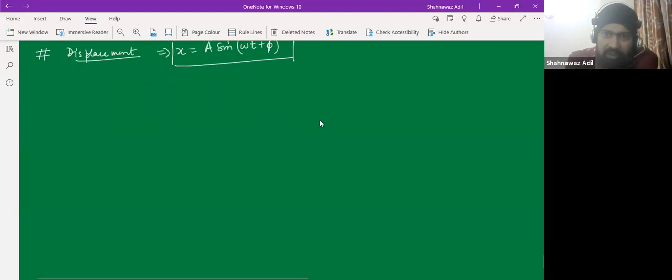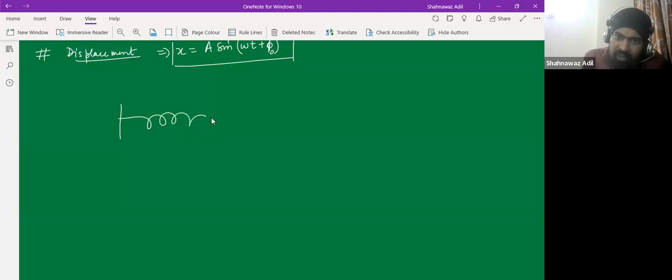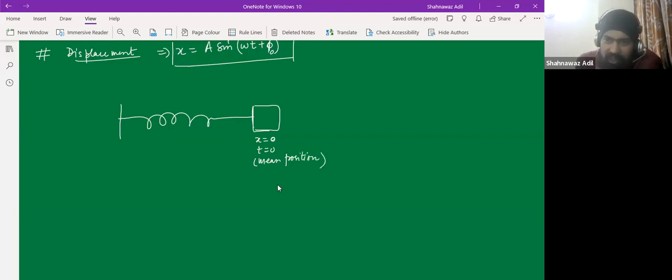Okay, so now let us talk about how we calculate this phi. Let's say we have this spring, and this is the mean position, right? So this mean position is 0, and at t equal to 0, the object is at this mean position, right? So if the object is starting from the mean position, then what would be this phi naught?